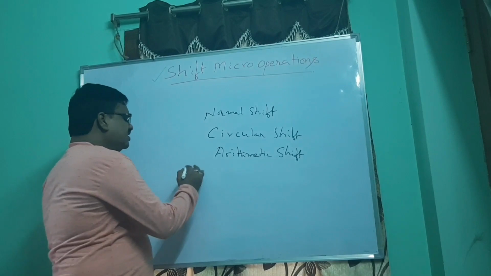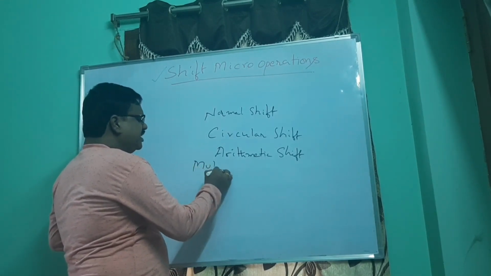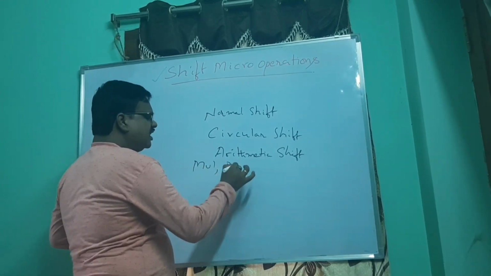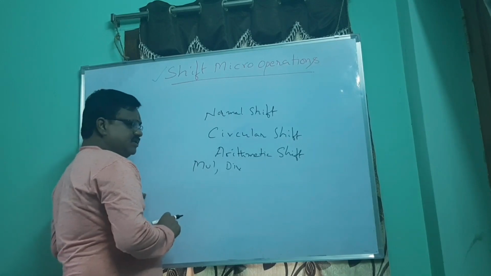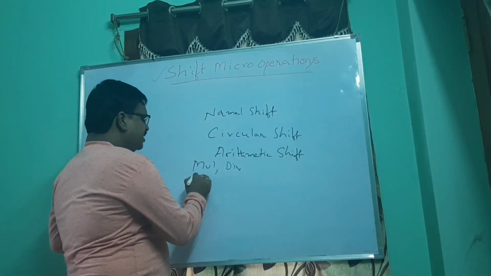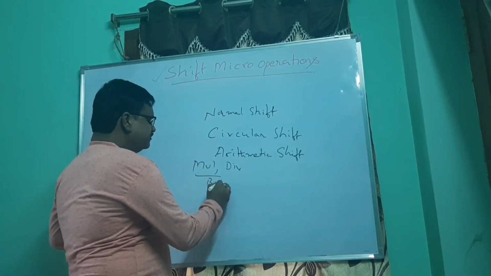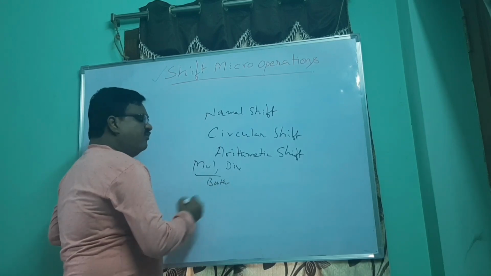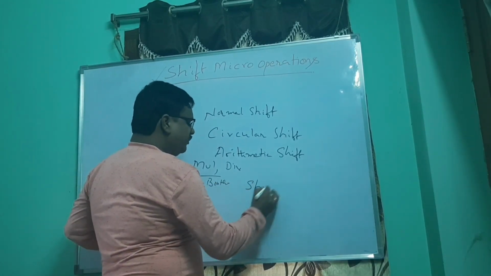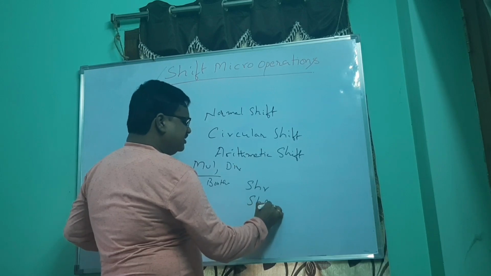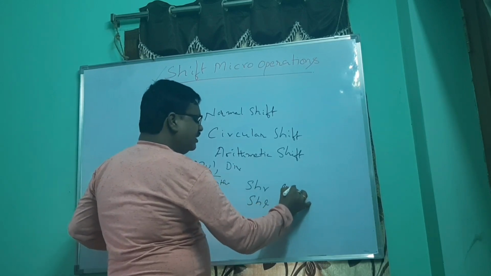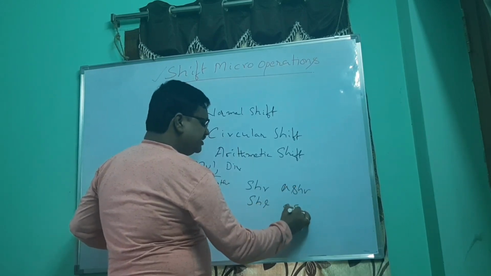When we discussed the multiplication algorithm and the division algorithm in our previous unit, like Booth's multiplication, we discussed a few commands: SHR, SHL, and ASHR, ASHL.